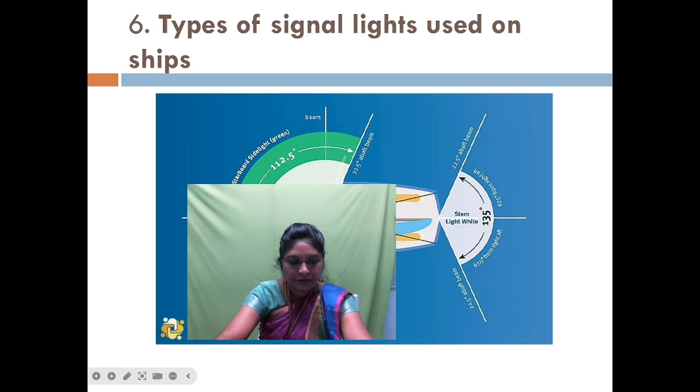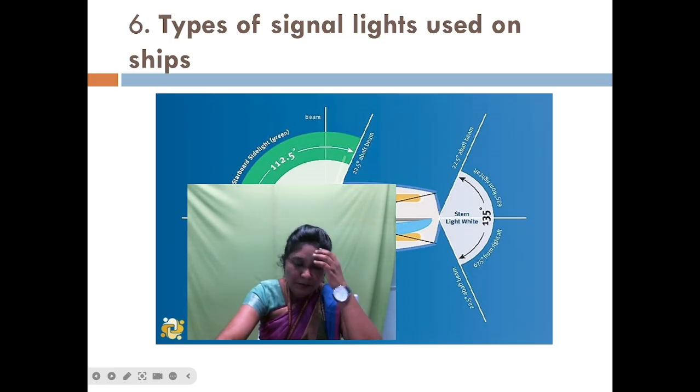Their visibility is at least 6 miles, and they show a white light over an arc of 225 degrees. So this is the 225 degree masthead light. It should cover a distance of 6 miles and an angle of 225 degrees, showing white light to 22.5 degrees abaft of the beam on both sides of the vessel.